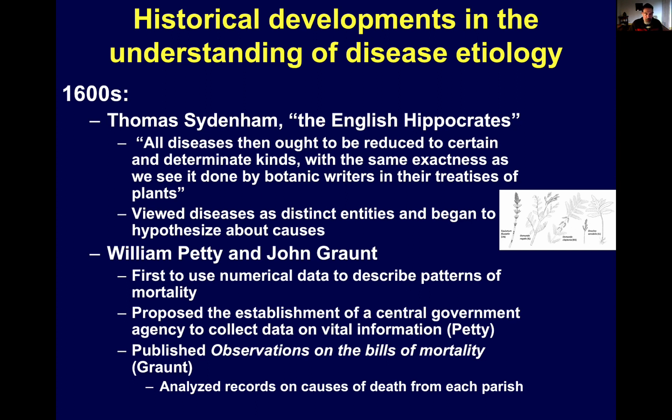He thought the same should be true for different diseases. And along with that, he thought that diseases would be distinct in and of themselves. And that spurred thinking about how diseases might also have distinct causes. So this was an important development.